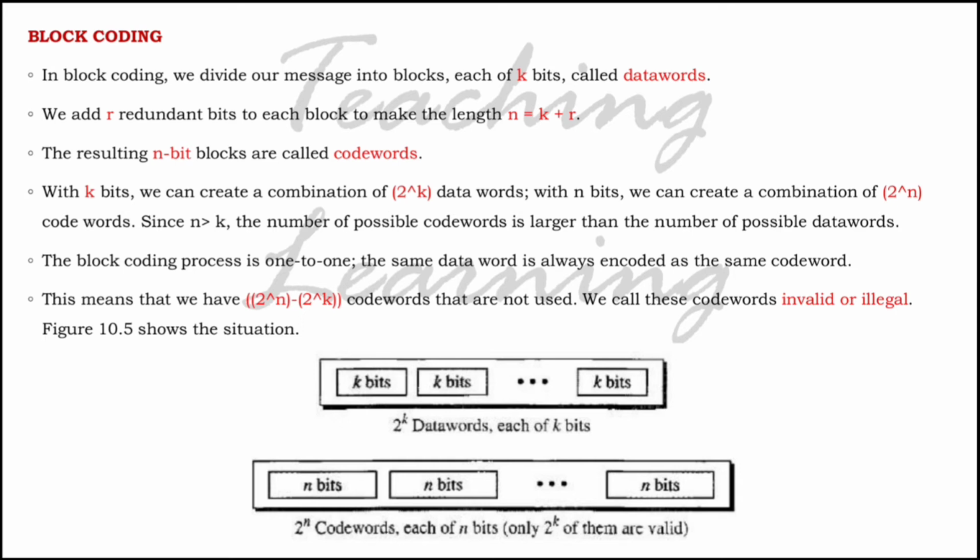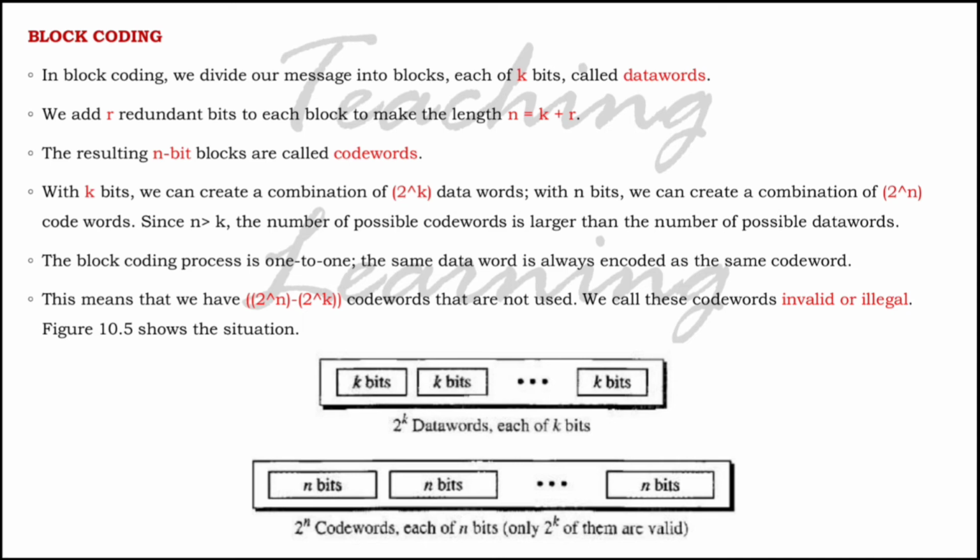With k bits we can create a combination of 2 raised to k data words. With n bits we can create a combination of 2 raised to n code words. Since n is greater than k, the number of possible code words is larger than the number of possible data words.